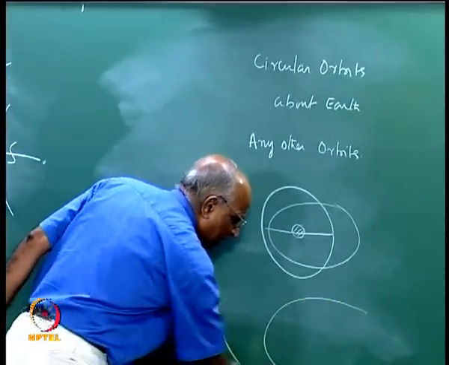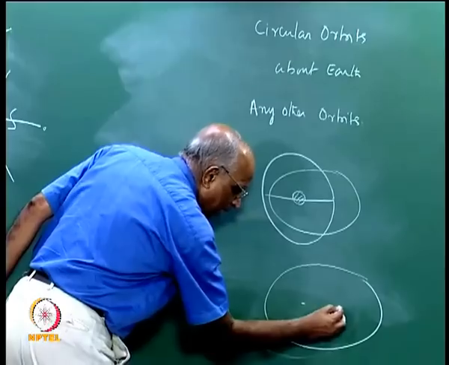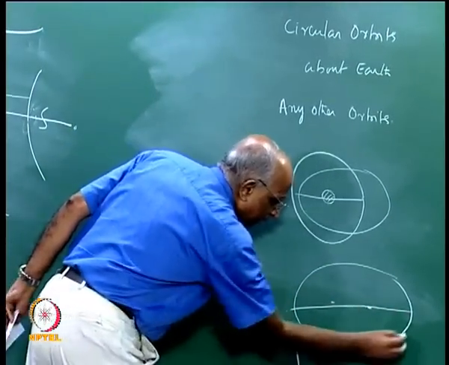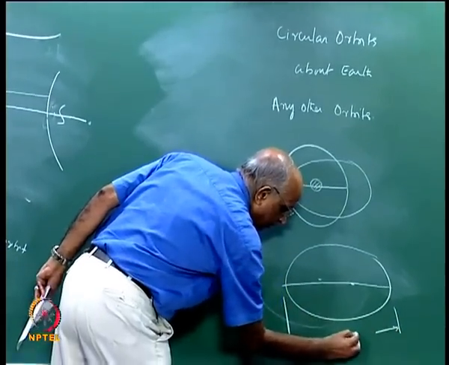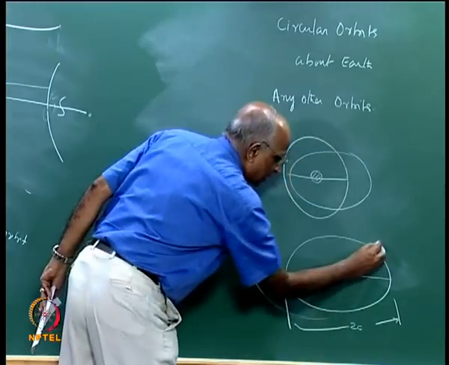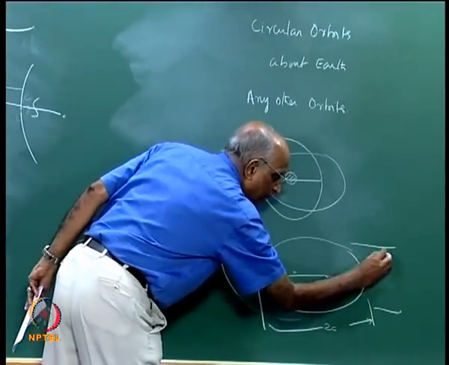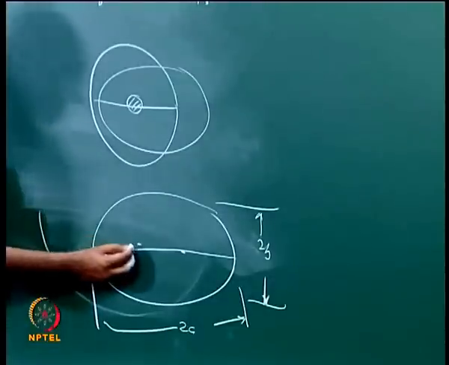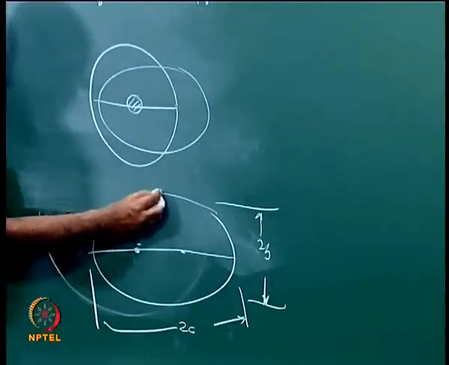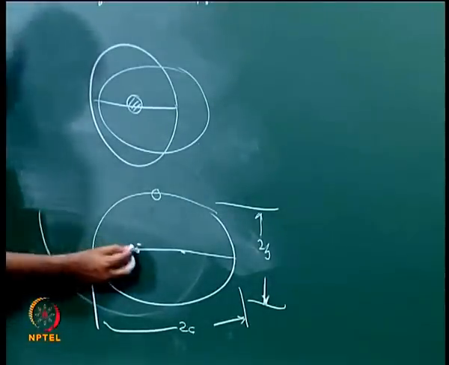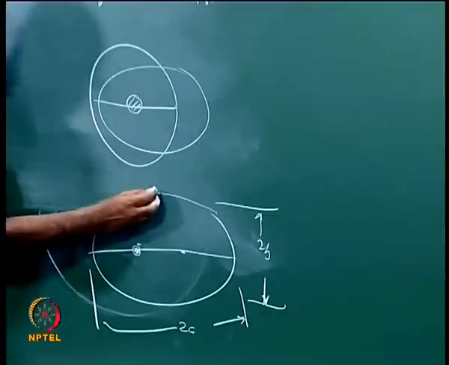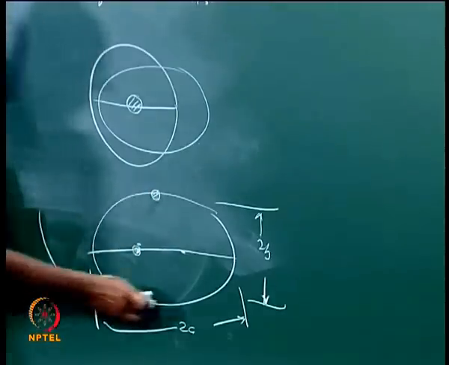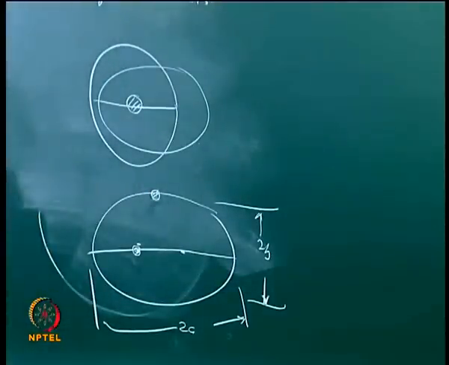We define two foci, and you have a major axis which is equal to 2a and a minor axis which is equal to 2b. We said the sun is at a focus and the Earth is rotating around it. Similarly, if the satellite is in an elliptical orbit, I have the Earth at a focus and the satellite going around it in an elliptical orbit.